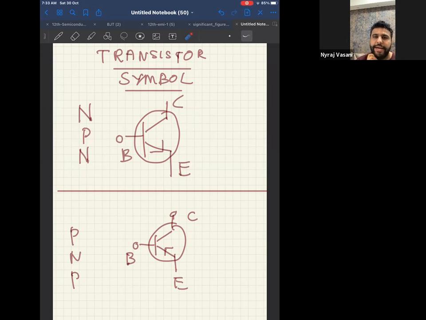Write down: the arrowhead indicates the direction of flow of holes. Clear?